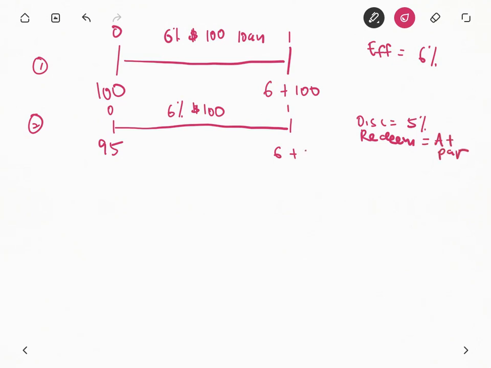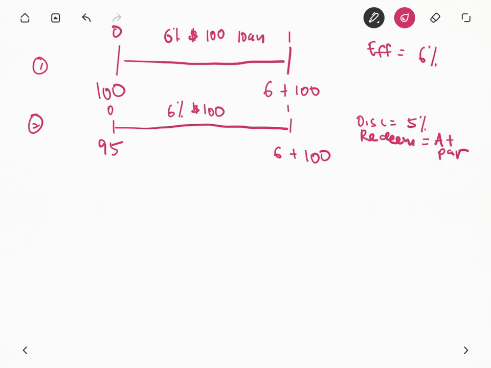I redeem how much? 100. I borrow 100, I pay 100. The contract says I borrow 100, but I tell them, give me an issue at a discount, 95%.